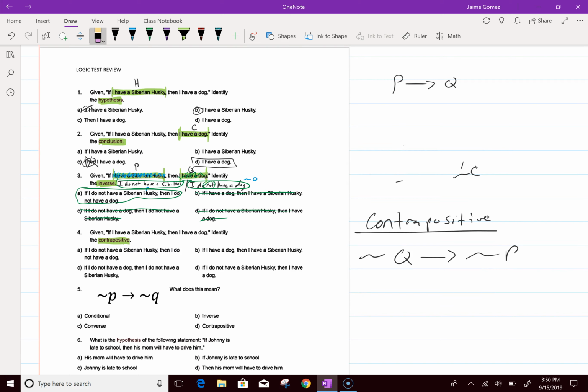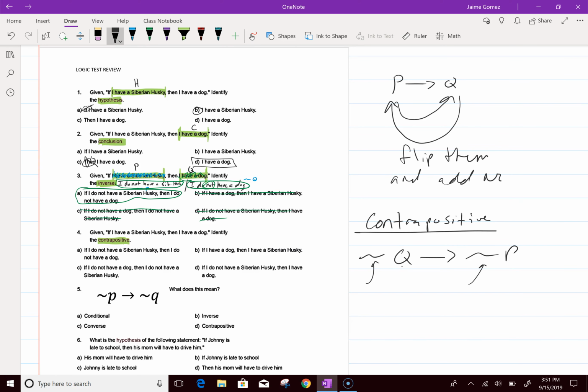Do not erase that. It should say P Q, but what happens here? You flip them around. This comes this way, and that one comes that way. You flip. And then what does this mean? To add the word not. You flip them and add not. Okay, that's what you do for the contrapositive.